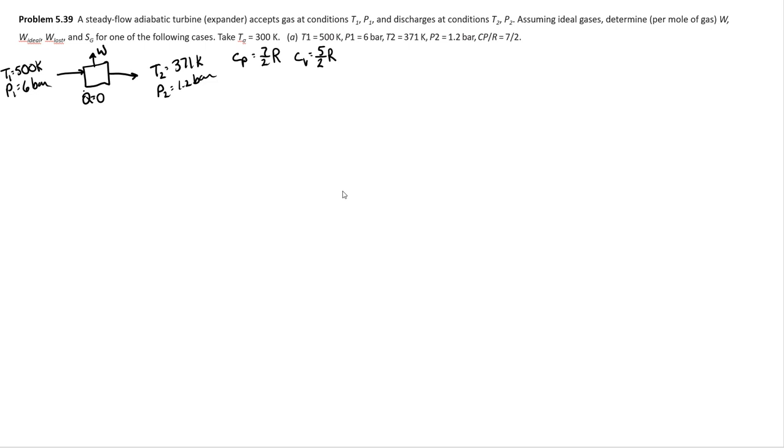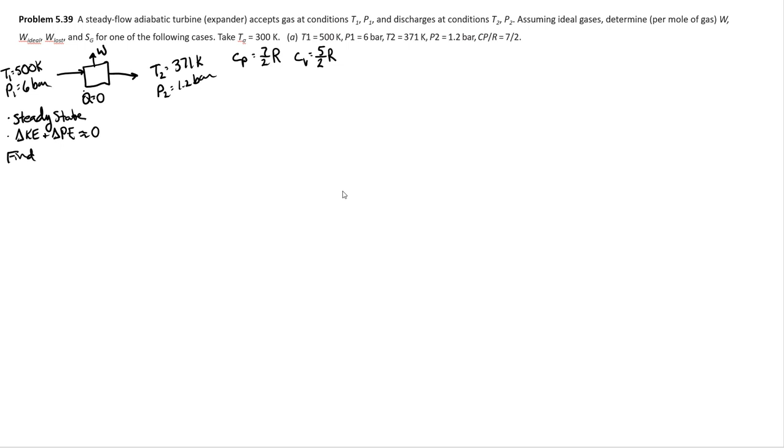All right, so this is also steady state, so steady flow. We already wrote down that it's adiabatic, well insulated. Also changes in kinetic energy and potential energy, we're going to neglect those.